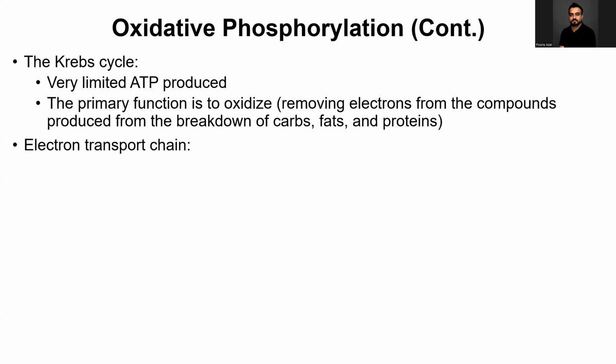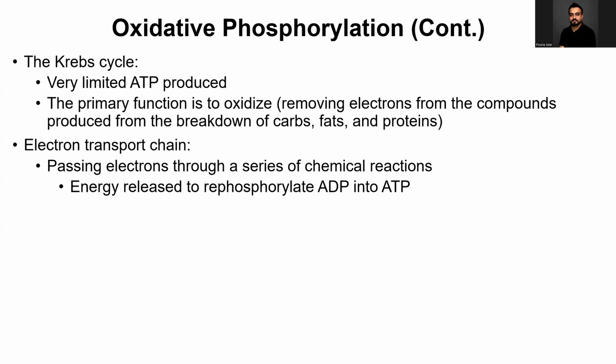On the other hand, we have electron transport chain, and we get many ATP molecules from electron transport chain. And why we call this electron transport chain? Because it's passing electrons through a series of chemical reactions.